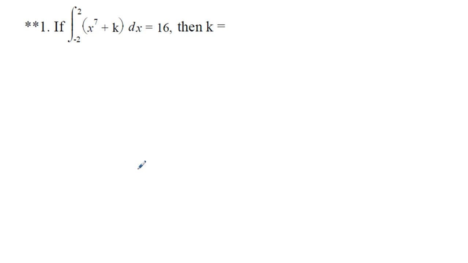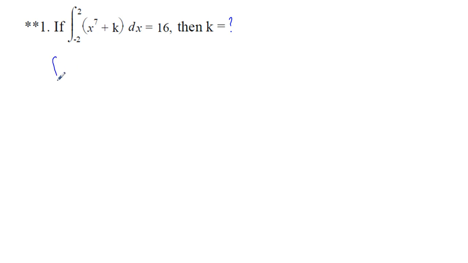Okay, three problems here. The first one: if the integral from negative 2 to 2 of x to the 7th power plus k dx is 16, then k equals question mark. Now, if we understand what that function y equals x to the 7th power looks like, that's going to simplify this problem enormously, but we're going to just plead ignorance and split up these two terms as separate integrals.